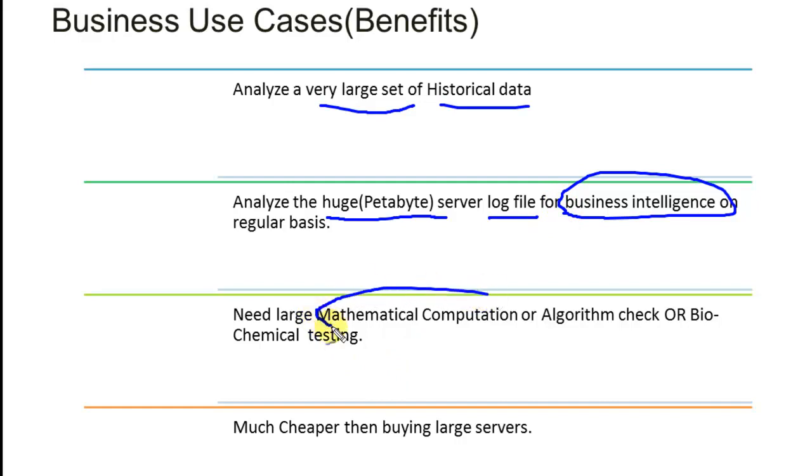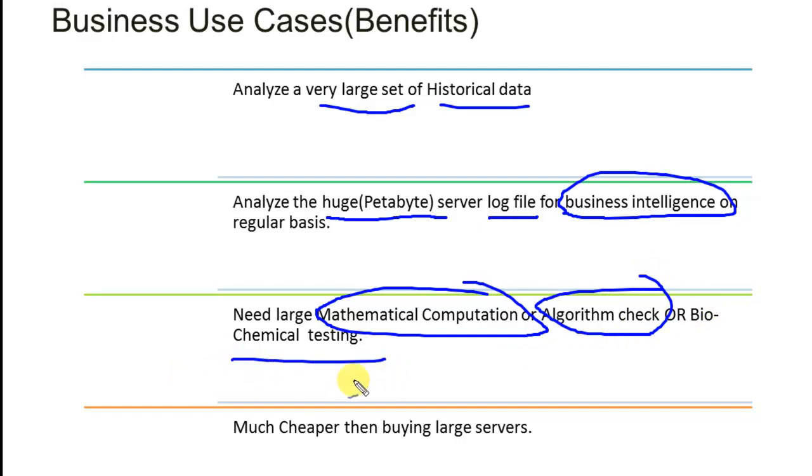If you need a mathematical computation, algorithm check, or biochemical testing, anything like that, you would definitely need the EMR service because it helps you to do that. It is much cheaper than buying yourself a large server. So these are the business use cases or benefits of using EMR of AWS.